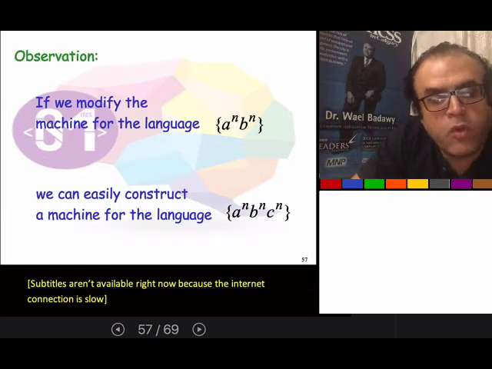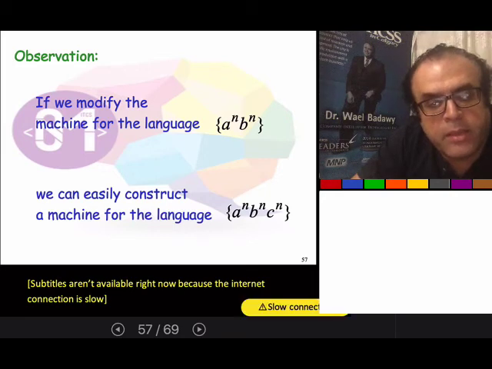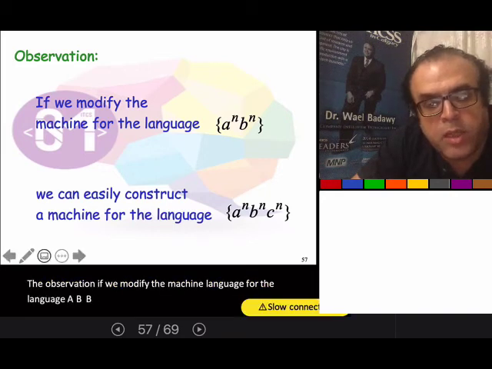The observation: if we modify the machine for the language A n B n, it's easy to construct a machine for the language A n, B n, C n.